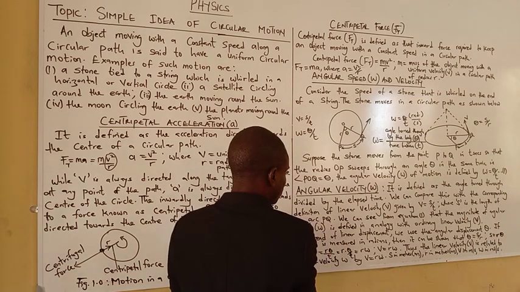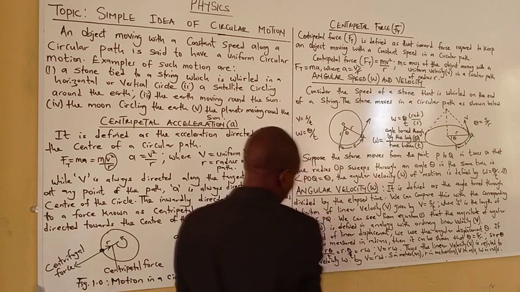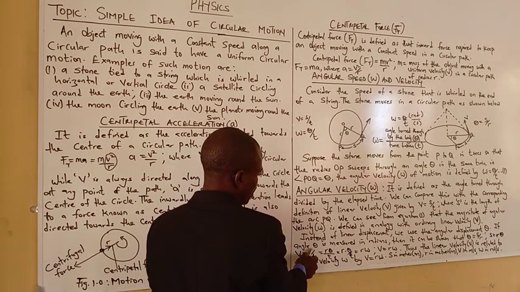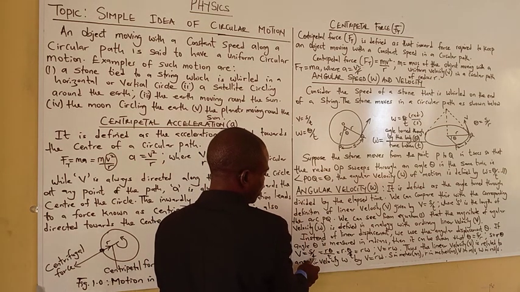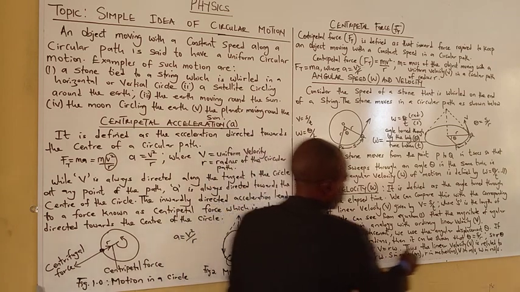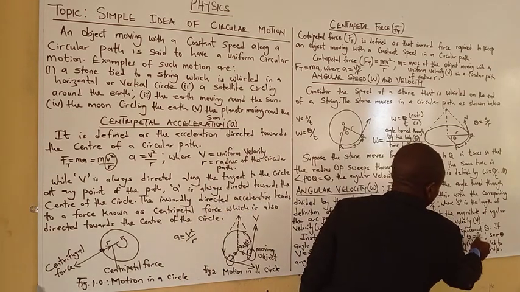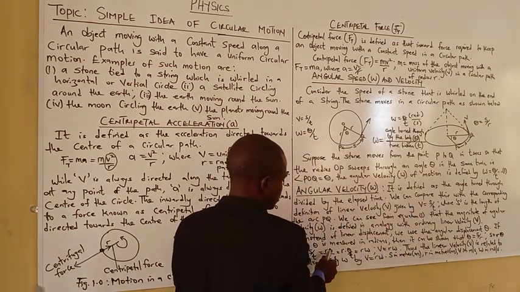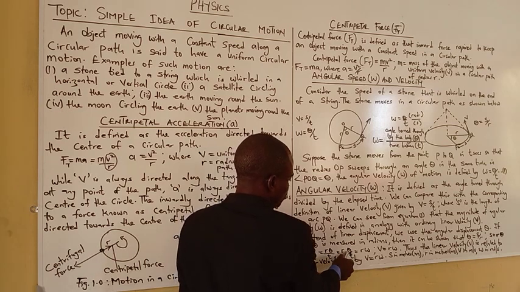V now, as you know before, linear velocity equals s, this linear displacement, over time. And you know that your s equals r theta from here. You replace your s with r theta over t, which equals r multiplied by theta over t. What's our theta over t?